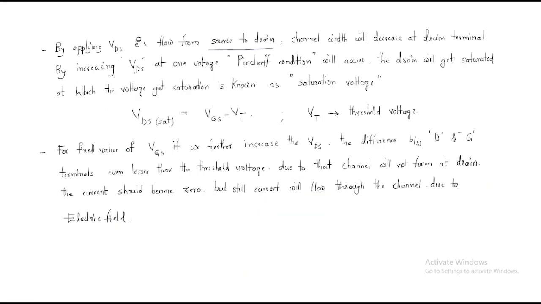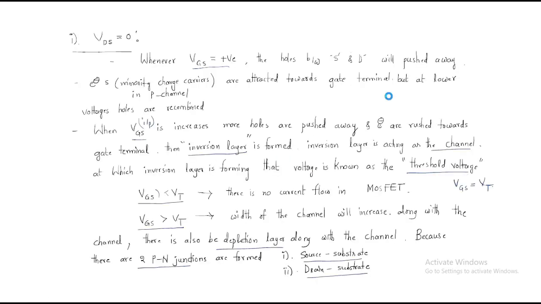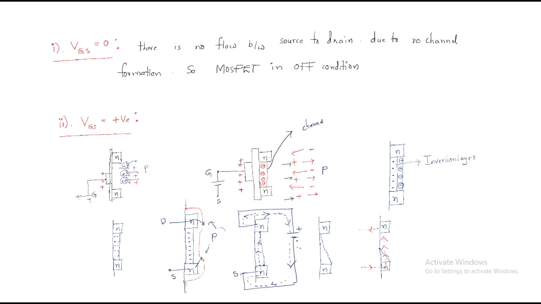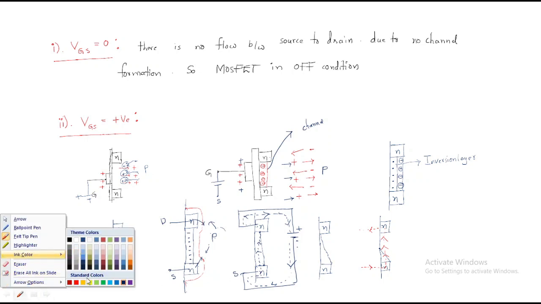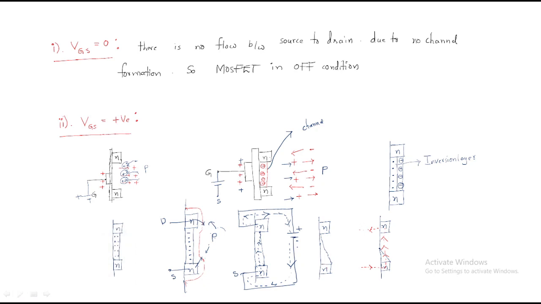Next, by applying VDS, electrons flow from the source to drain, and channel width will decrease at the drain terminal. Look at here, initially the channel width is very high. After that the channel width decreases.